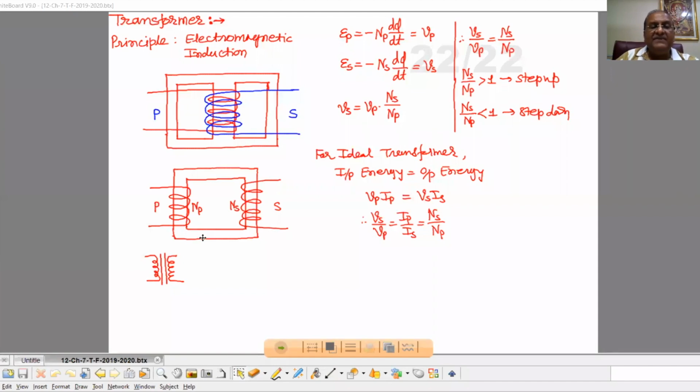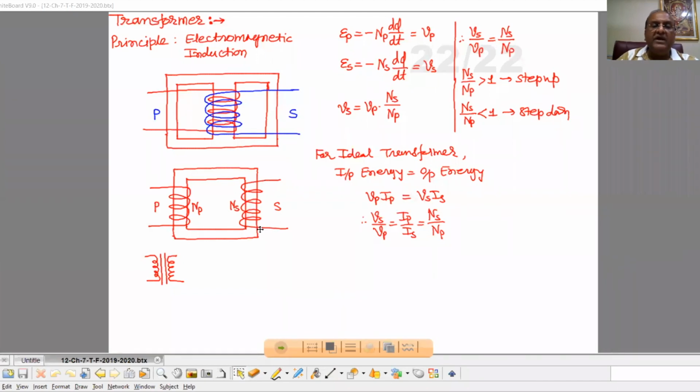But see, the same core is here for the secondary also. So when those magnetic field lines are passing through this particular core, it implies that the magnetic field is passing through this secondary coil also. So here, if the flux associated with the primary coil is changing, then the flux associated with the secondary coil will change also.